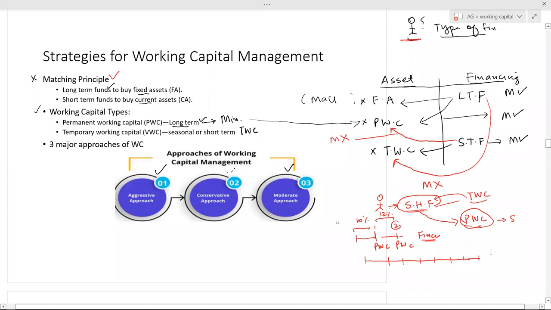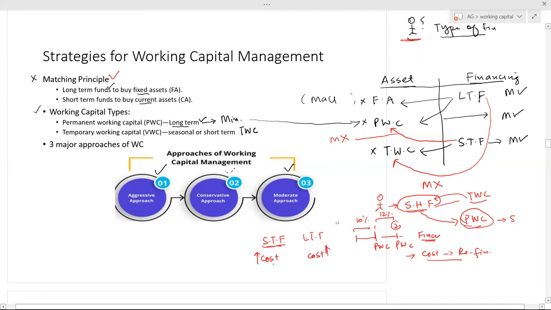But if you are using short-term funds every year, refinancing it, there is a chance that the cost of refinancing may increase. Okay, but we will see that if you are taking short-term funds and we have long-term funds, the cost of short-term funds is always higher than the cost of long-term funds.